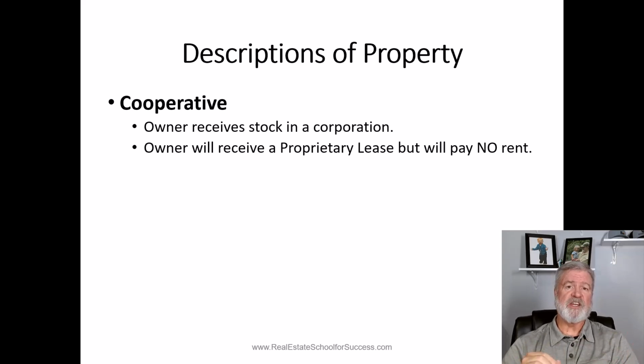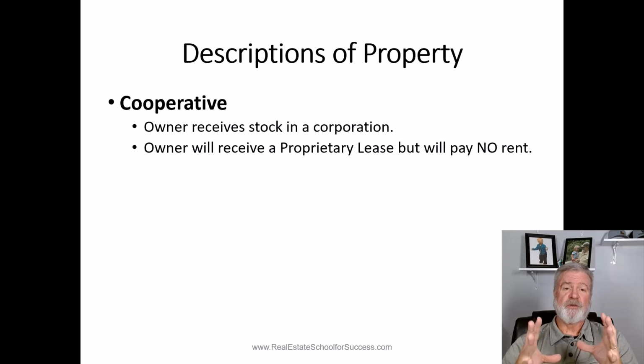What do you get as proof of ownership with a cooperative? A stock certificate. That's it. You're just buying stock in the corporation. So there are some pretty significant differences, I would say, between a condominium and a co-op, right?